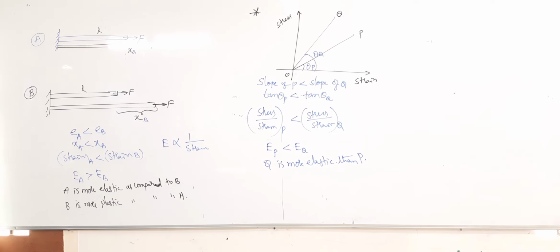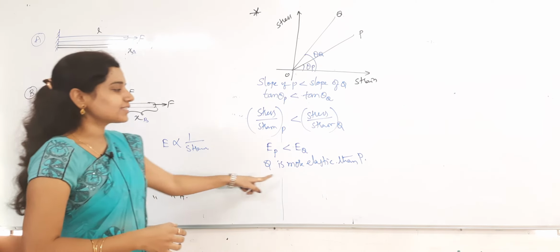Even if the strain is constant, what happens at that time? Stress also will be constant by Hooke's law. I did not understand your question. I'll clear your doubt, okay? Don't worry about that. So here Q is more elastic as compared to P.